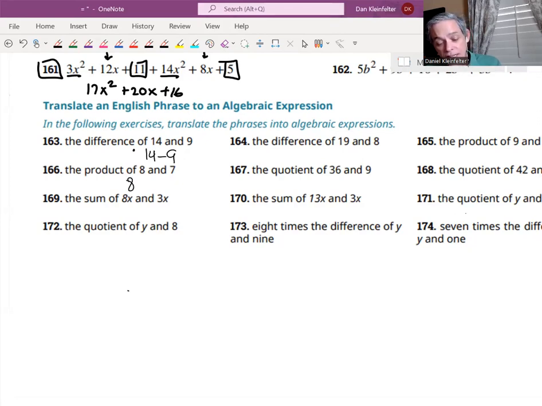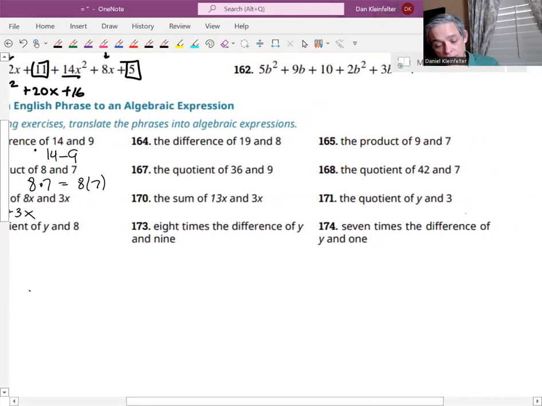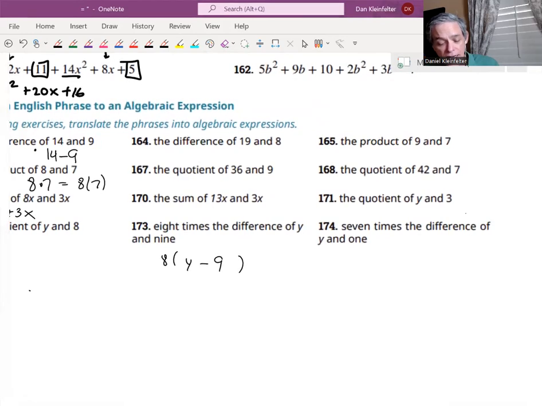The product of 8 and 7 is 8 times 7. We could write that in a variety of ways, right? We have several ways of representing a multiplication. The quotient of y and 8 is a division. The sum of 8x and 3x is 8x plus 3x. Some of these are fun. 8 times what? 8 times the difference of y and 9.